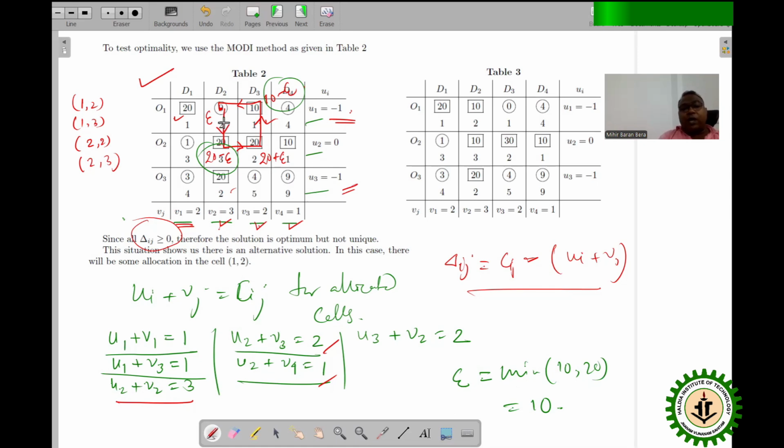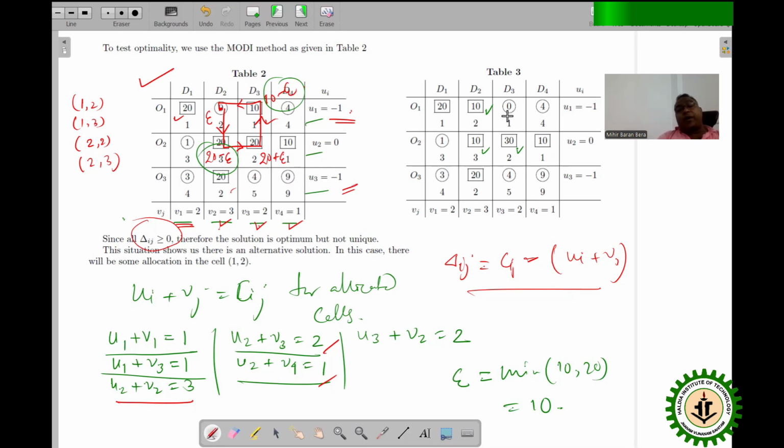So the new allocation here will be 10, that I have written here. Here it is 20 minus 10, means 10, that I have written here. Here 20 plus 10 means 30, so that I have written here. And here 10 minus 10 means 0, so there will be no allocation.